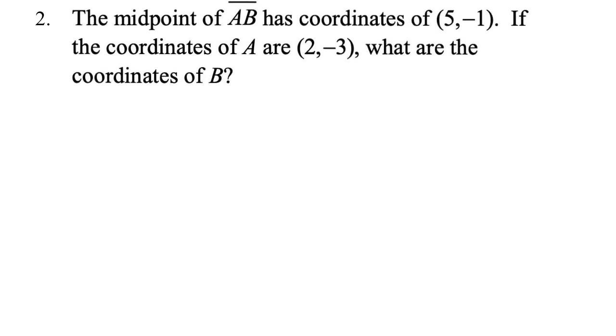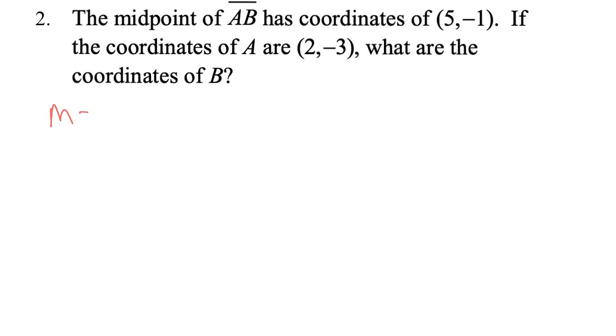All right, this one's review. This one is talking about the midpoint. The first thing I would do is write down my midpoint formula, which, if you recall, is just the average of the x values and the y values of the coordinates of your endpoints.